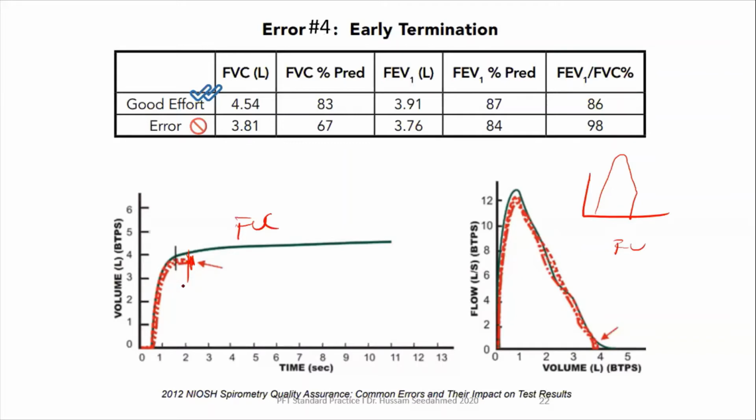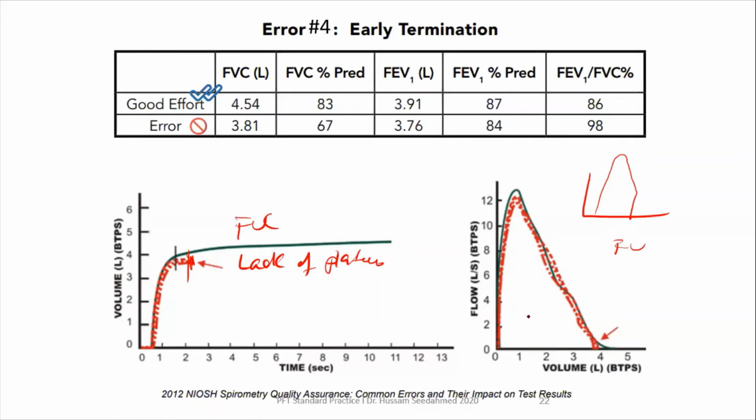So this is how to identify it. It is most clearly seen as a lack of plateau. There is no plateau in the volume time curve. For the flow volume curve, there is a rapid decline to zero.